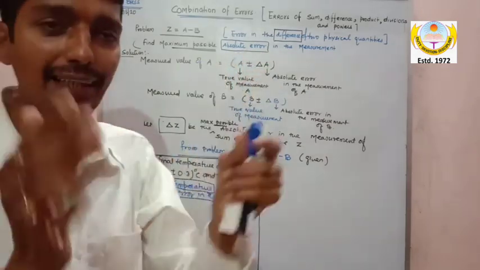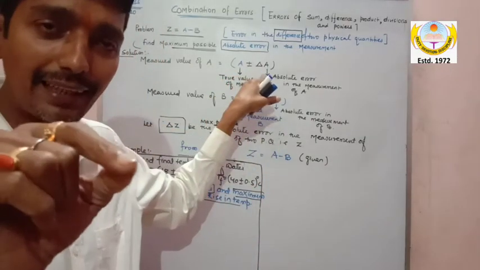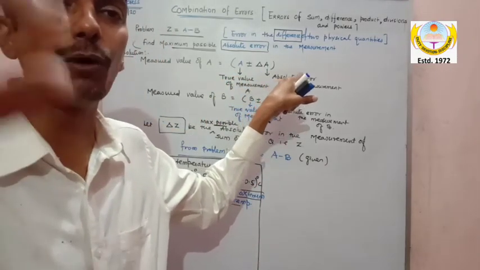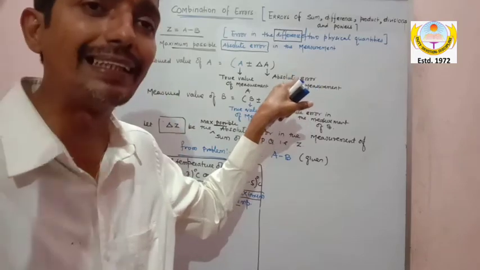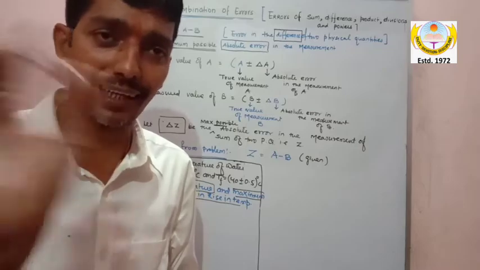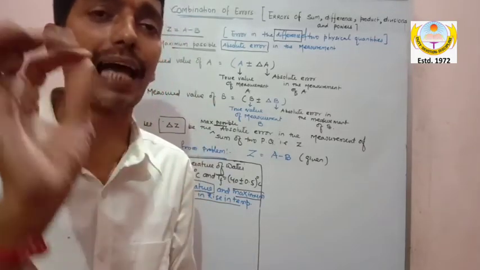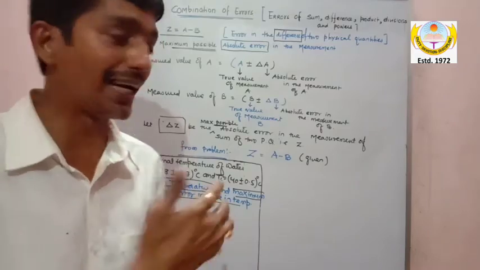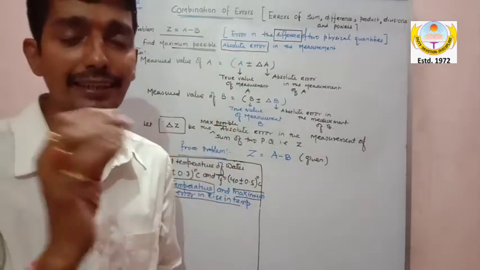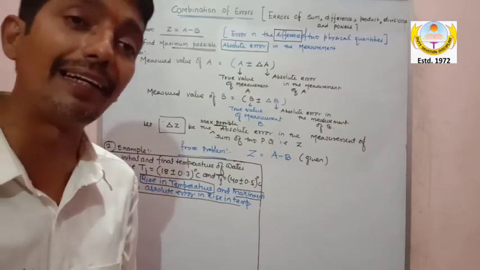When I write the result, I will write the true value of the result, and plus or minus the maximum error in that result. And which error? Absolute error. In your book it says error, calculate error, but in your mind keep it as absolute error, unless and until we are going for sum and differences. When it is product or division, it is relative error.